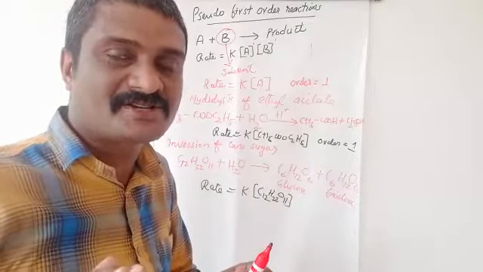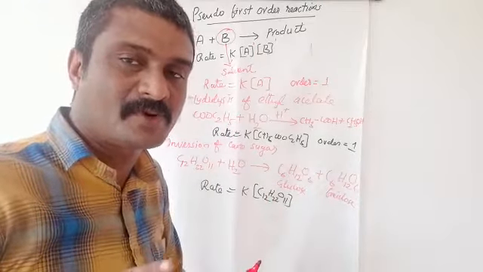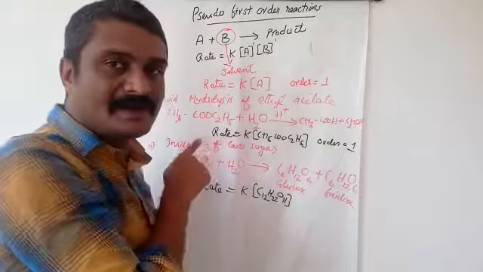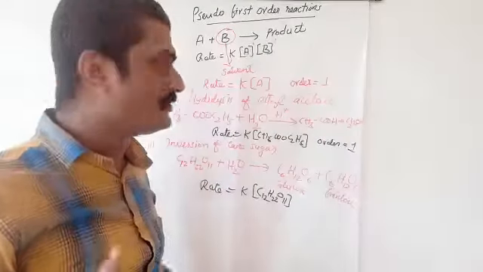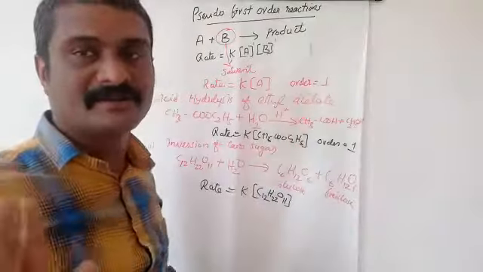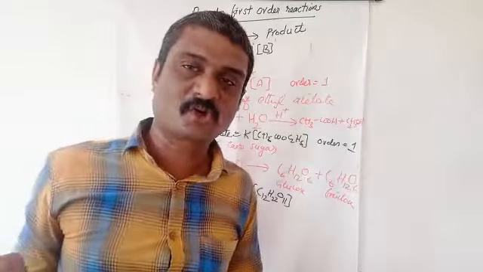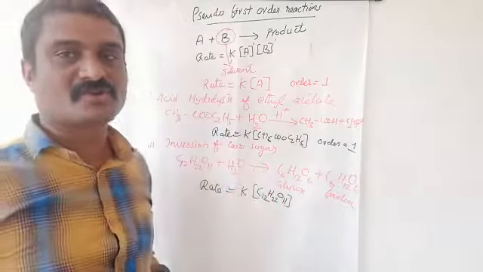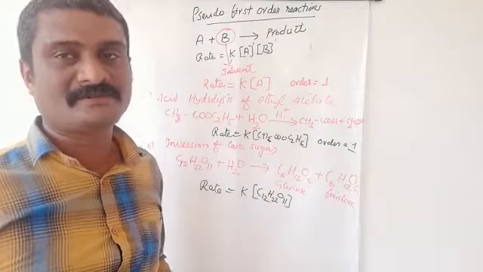Hence the rate of the reaction does not depend upon the concentration of water. Hence the order of this reaction is 1. These types of reactions are called pseudo first order reactions. Okay, thank you.